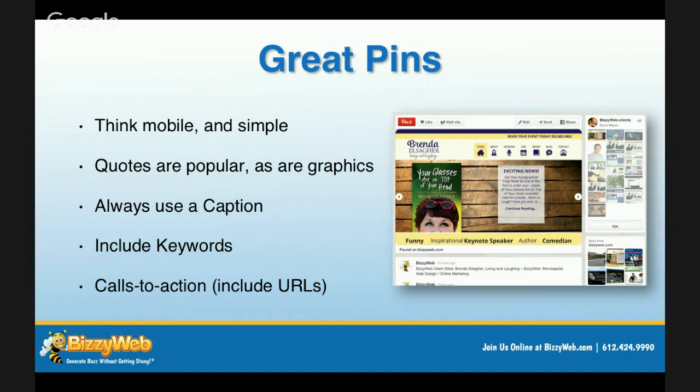When you use a caption, it's a great way to drive additional traffic and include keywords inside of every pin. A lot of people, when they repin content, are relatively lazy, especially inside of the mobile device. If you're using the Pinterest application on your Android or your iPhone, when you repin, it's not quite as easy to edit and curate your own content as it is just to repin things in their entirety.